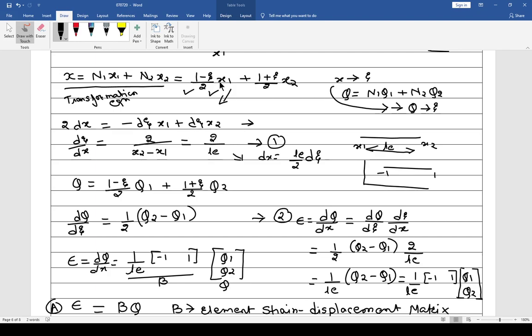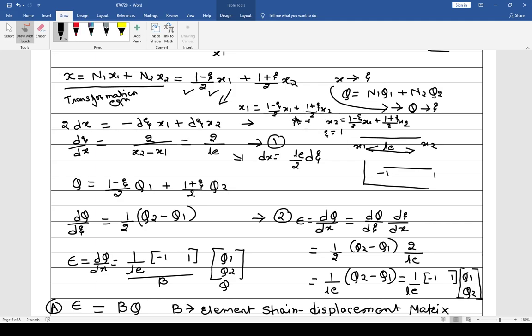So this is my transformation matrix. You could see, if I put x equal to x1, I put x = (1 minus xi) by 2 x1 plus (1 plus xi) by 2 x2. Now if you solve this, you are going to get xi equal to -1, and if you put x equal to x2, that is x2 equal to (1 minus xi) by 2 x1 plus (1 plus xi) by 2 x2, and if you solve this, you will get xi equal to 1.